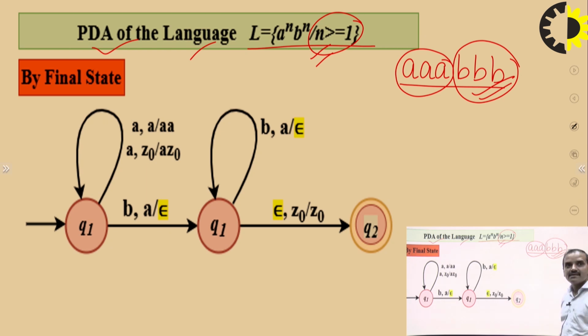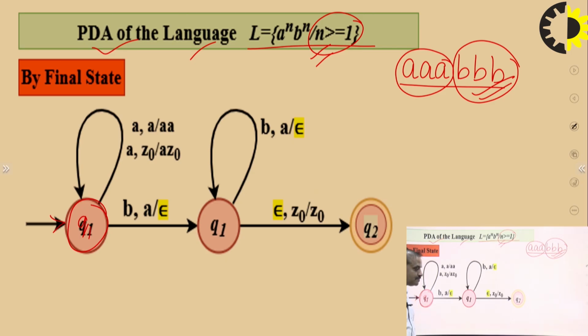For this string, to design a PDA, we take an initial state. We start with the initial state Q1, and mark it with an entering arrow because this is the initial state.